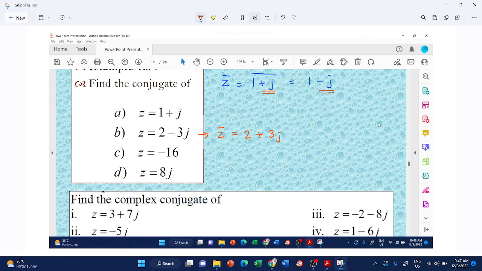No, no, madam. Don't have to change, is it? Yeah, negative 16. Negative 8J. Yeah, negative 8.